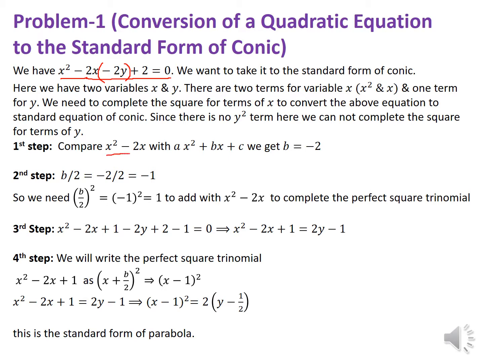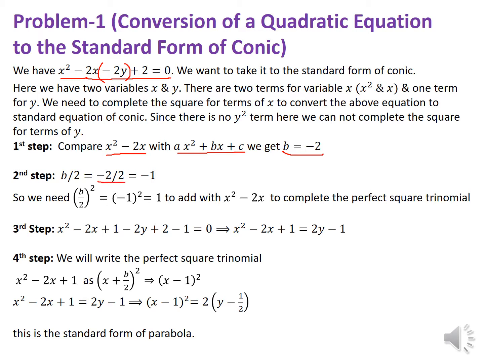So for the variable x we have the terms x squared minus 2x. Now we can compare this with ax squared plus bx plus c. So then we will get b is equal to negative 2. Now to create a perfect square trinomial we need to divide the coefficient of x, that is here negative 2, by 2.